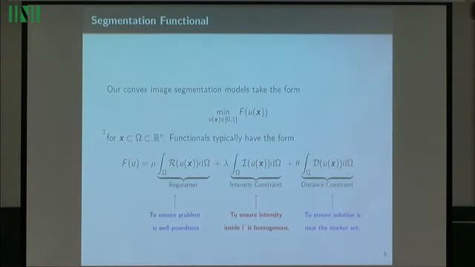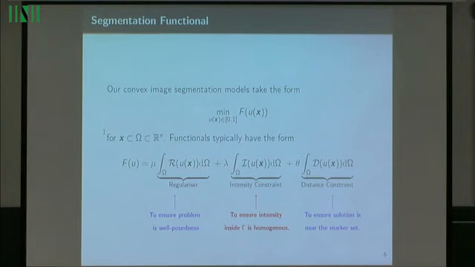So the general framework for segmentation, or the convex segmentation models we'll deal with, are we're doing this minimization over 0, 1. We have a regularizer, which just ensures that it's a well-posed problem. An intensity constraint, so we want to make sure that the segmentation boundary goes around an object of similar intensity.